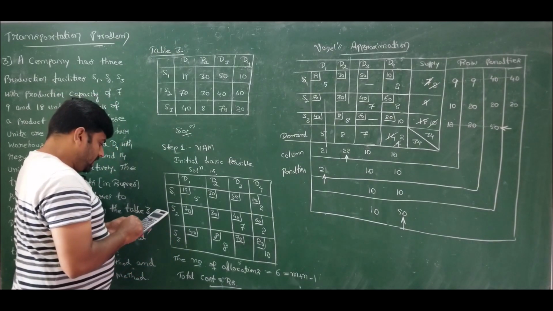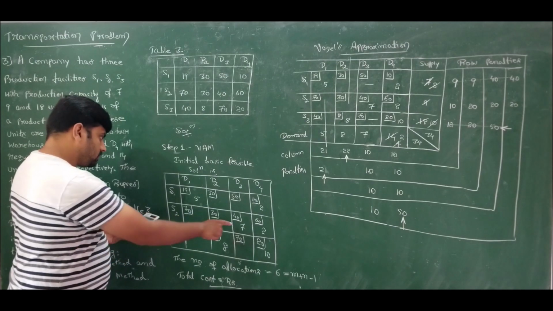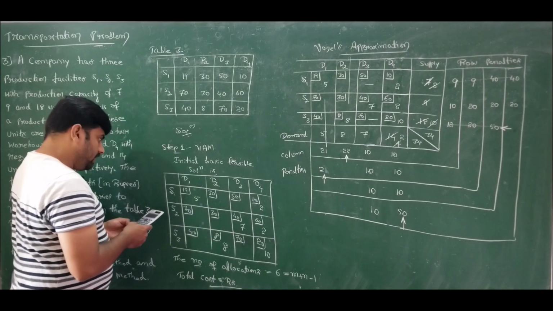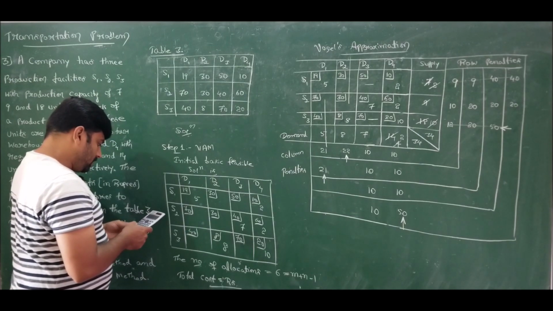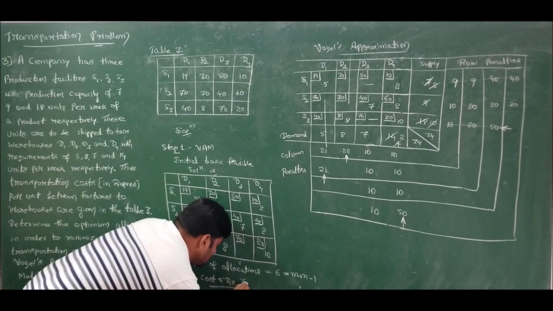Let me calculate once again. 19 into 5 plus 10 into 2 plus 40 into 7 plus 60 into 2 plus 8 into 8 plus 20 into 10, which is turning out to be rupees 779.